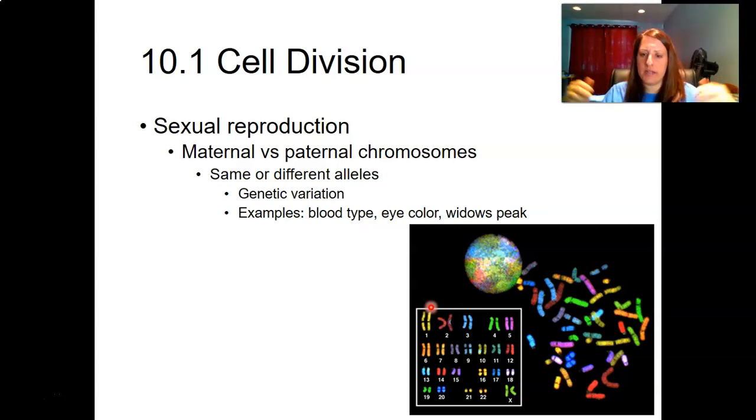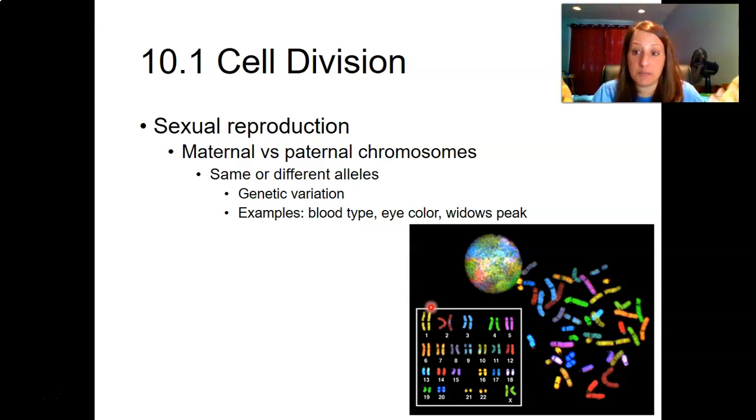Same thing with other traits like widow's peak, whether or not you have mid-digit hair, or whether or not you can roll your tongue. All of those are examples of genetic traits in which you can inherit different alleles, and that will lead to genetic variation. You may not have the same blood type as either of your parents.